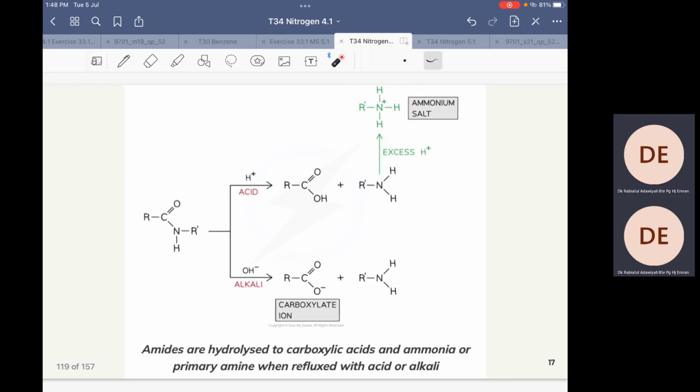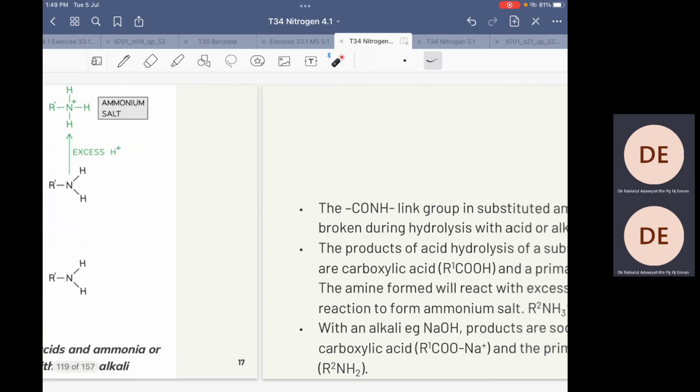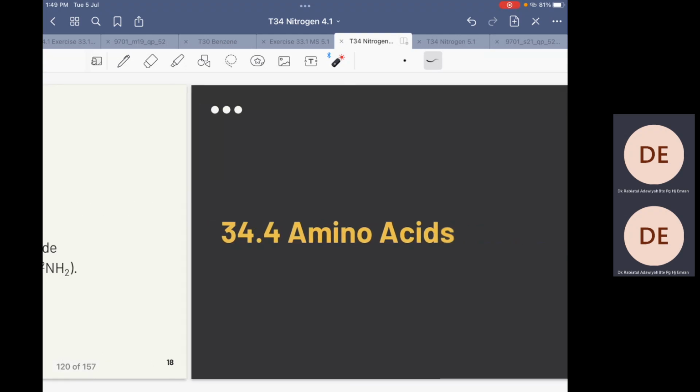Whereas in basic condition, you will form not a carboxylic acid, but a carboxylate salt. You probably will first form a carboxylic acid, but because it reacts with the hydroxide, it forms a carboxylate salt, and it will also release the original amine, whatever your amine was in the amide molecule. Okay, that's just the explanation.